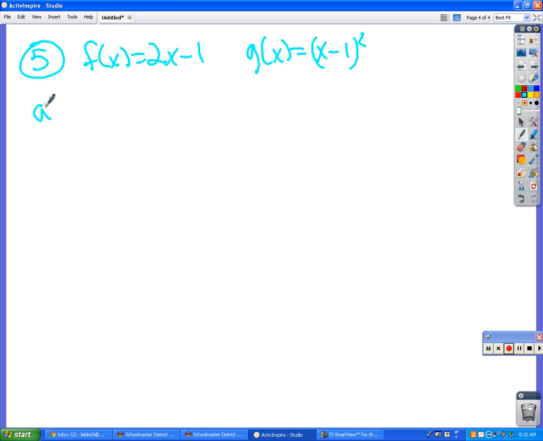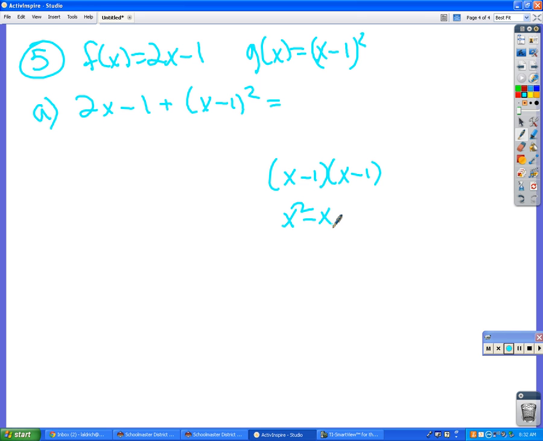Okay, so the first thing is add them together. So 2x minus 1 plus x minus 1 squared. But you can simplify that. What's x minus 1 squared? X squared minus 2x plus 1. Lots of people were getting this wrong. X minus 1 times x minus 1. You go first times first is x squared.